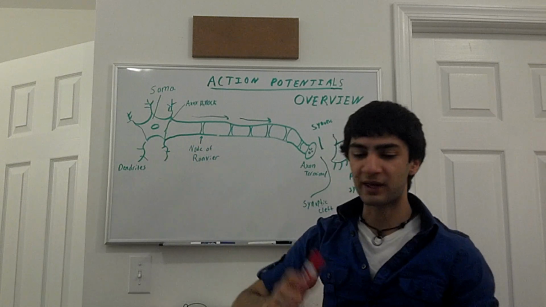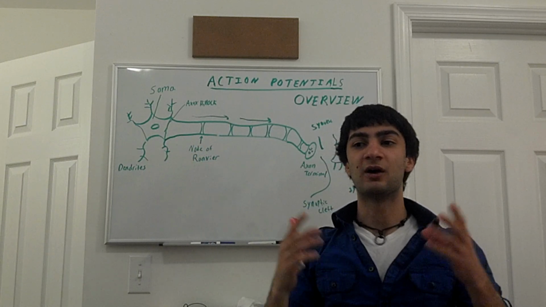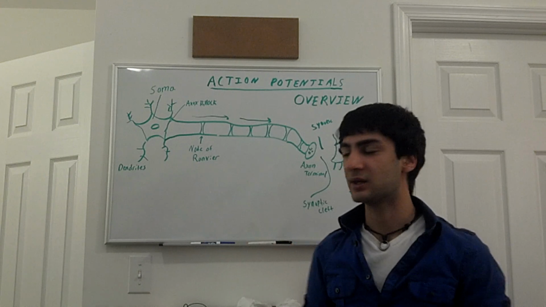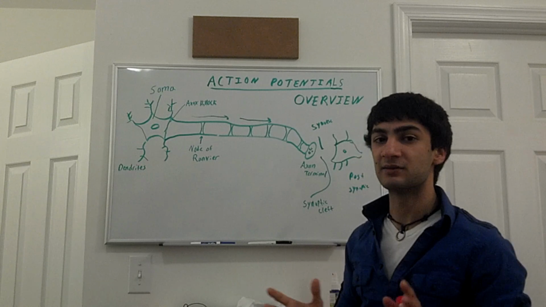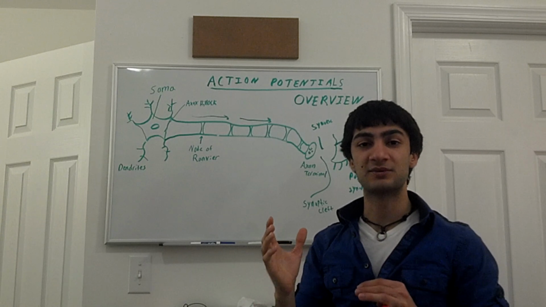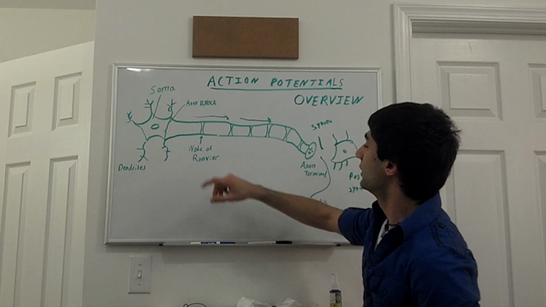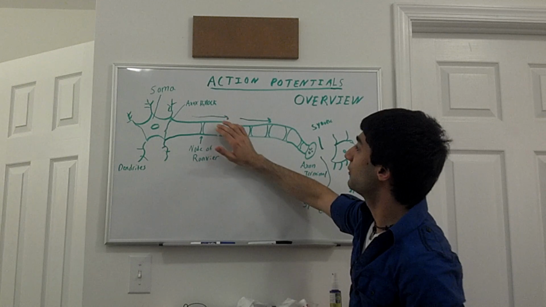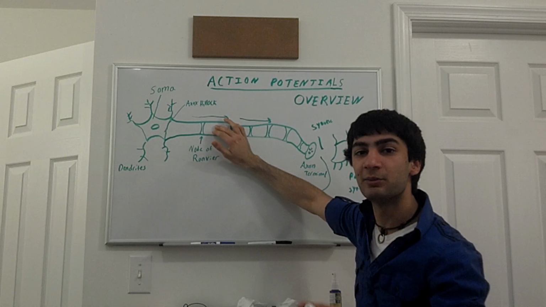We're going to talk about how sodium and potassium play a role in these action potentials, what they do and how they do it. That's something very important throughout this entire series of videos: the interaction between potassium and sodium crossing the membrane of the neuron cell. We're going to talk about what it means to have a resting membrane potential, what depolarization means, and hyperpolarization.